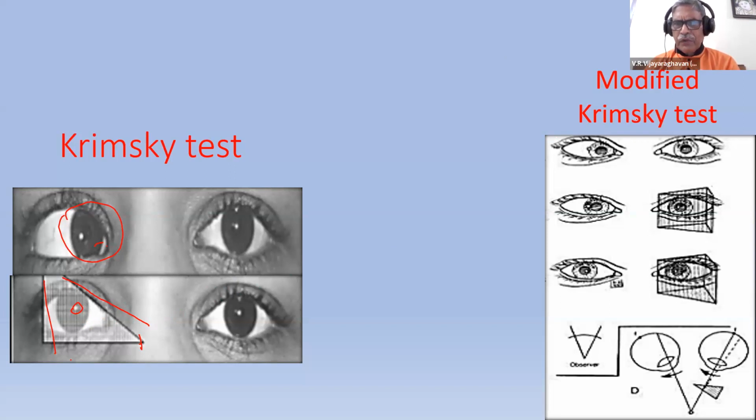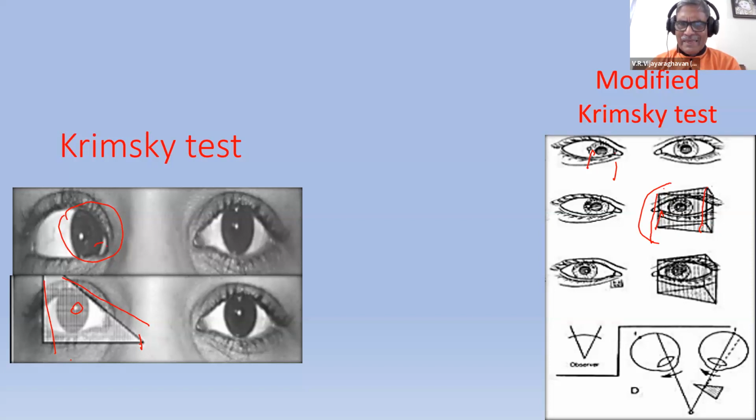What for? You are going to put a prism not in front of the squinting eye, but in front of the normal eye. Same thing, it is esotropia, so apex inside, base out. Similarly, in the normal eye also put the same thing, base out prisms. What's the meaning now? When you put a prism in front of the normal eye, the rays will be deviated, so to take fixation the normal eye will move.